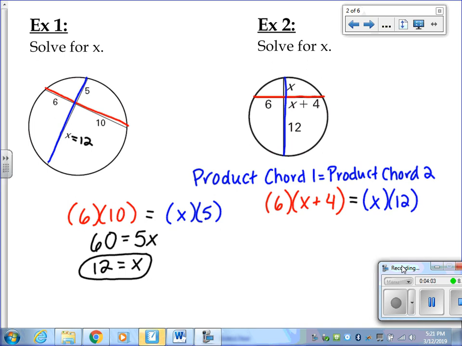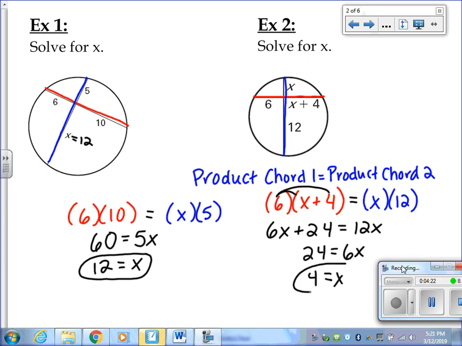So for this one, we're going to end up distributing that 6. So we get 6x plus 24 equals 12x. And again, it's just algebra. So we can subtract 6x over: 24 equals 6x. Divide by 6. X equals 4.